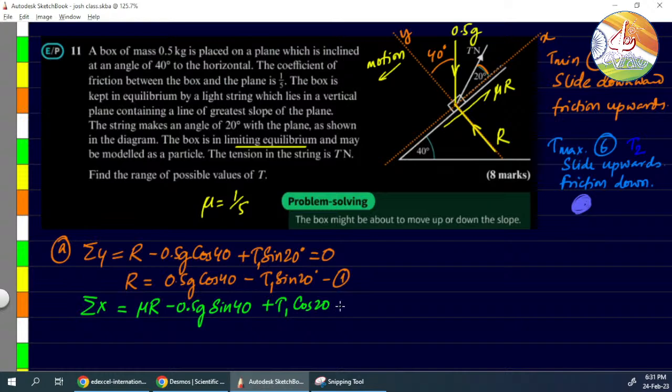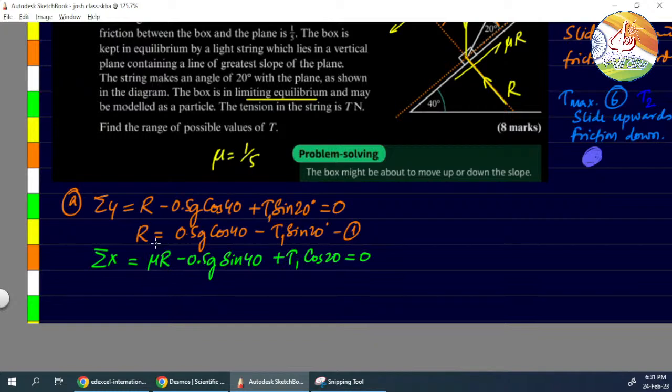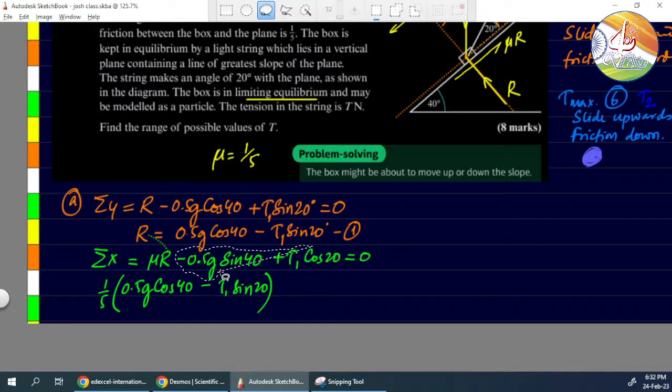And R is perpendicular to x-axis, so no component. So this total is 0. Substitute the value of R here. So mu value is 1 by 5. R equation substitute 0.5 g cos 40 minus T1 sine 20, bracket close, then remaining equation as it is.